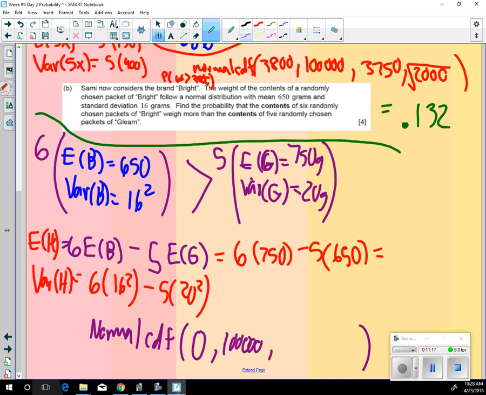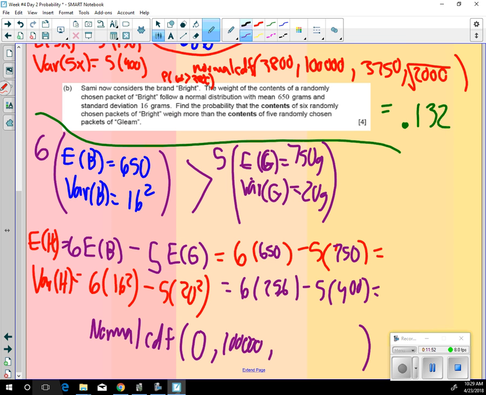These should be in reverse. So how is this? 650 and 750? Is that all right? And then this is going to be 6 times whatever 16 squared is. What is that? Anybody know that off the top of your head? 256? Yeah. 400.